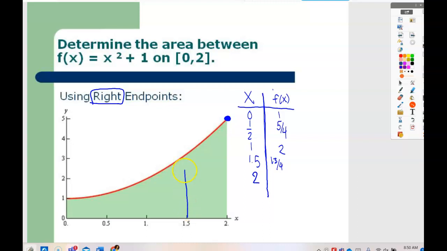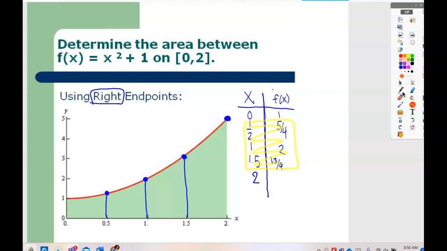But what happens is these middle points didn't change, right? So the 1/2, the 1, and the 1.5 from my previous table get used again. So I still need them.